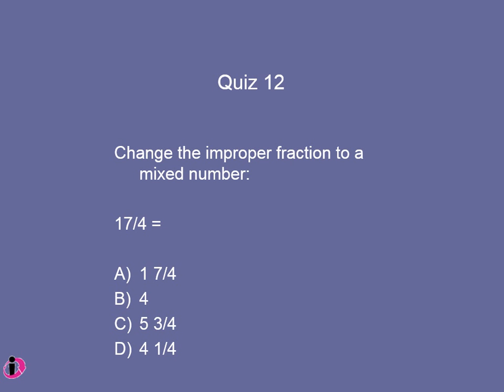Because you divide 17 by 4. You are dividing 17 by 4, so 4 times 4 is 16. Remainder is 1, so it will be 4, 1 over 4, right? This 1 goes here, this 4 goes here, and the quotient is actually the whole number. So the right answer is D.